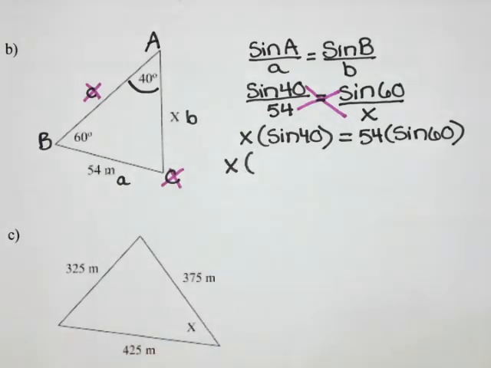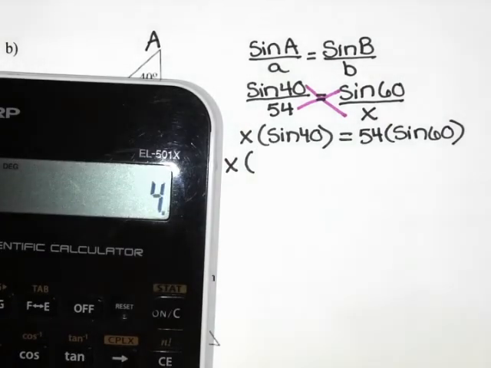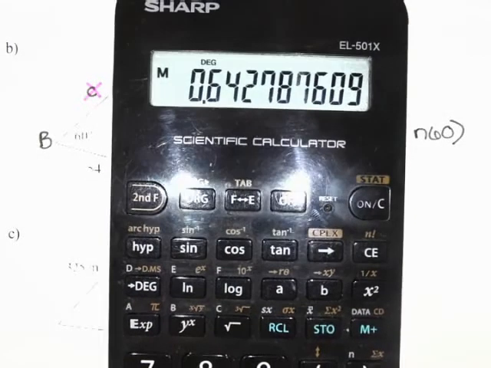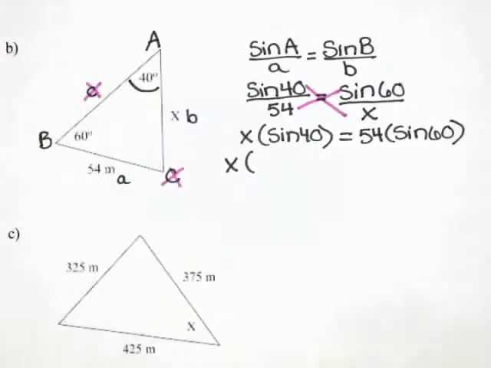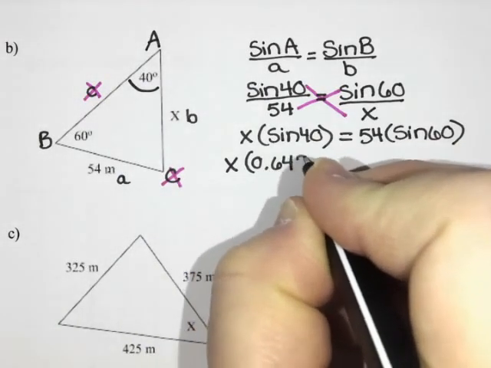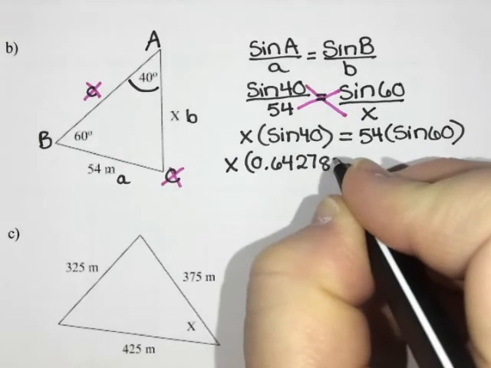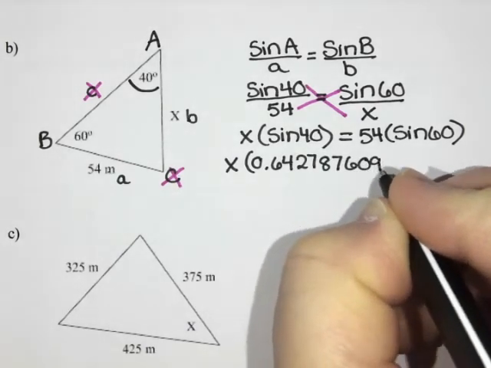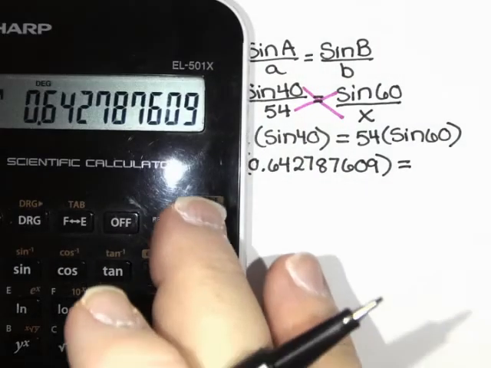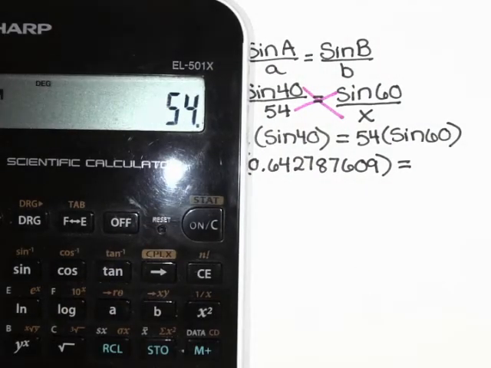But I'm going to calculate sine of 40, and I get this decimal. I'm going to write the whole thing down. So I have 0.6427876609. And then on the other side, I've got 54 times sine of 60.